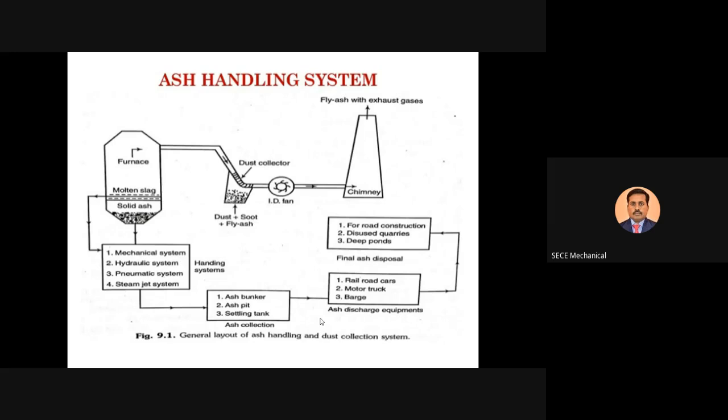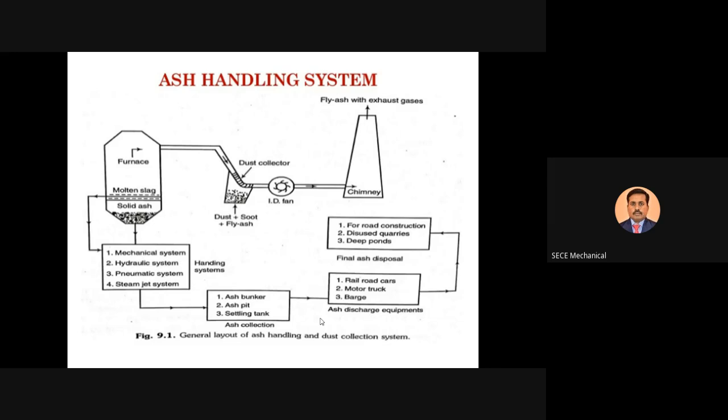Those hot gases contain dust particles, soot and fly ash particles. Due to the coke firing in the furnace area, hot gases come out that contain soot as well as fly ash particles, and also carry some dust that should be collected in the dust collector.